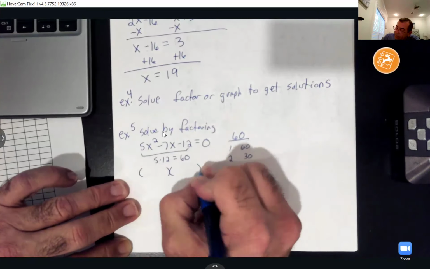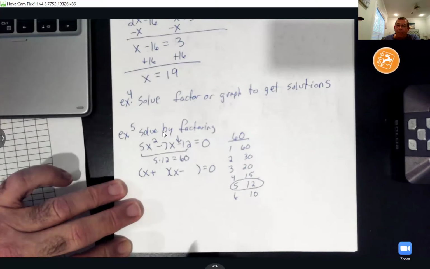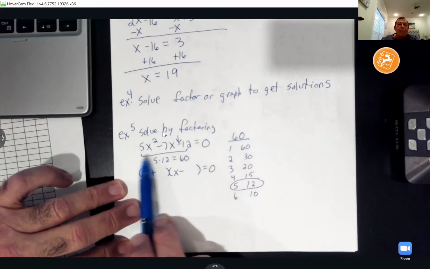And we want factors of 60 that gave me 7 over here. Well, y'all, that's going to be 5 and 12. Well, let me show you what I'm going to do with that 5. I borrowed it for a second to get to 60. So let's see. Since the middle is negative, the larger number 12 is negative, and the 5 will be positive.